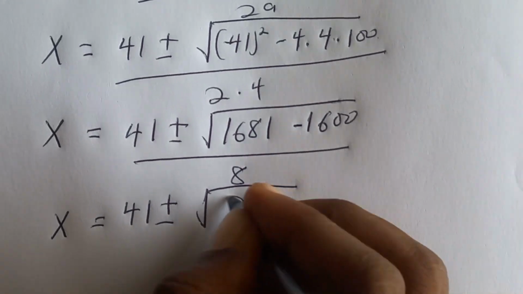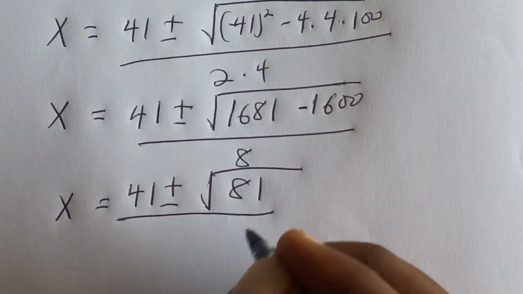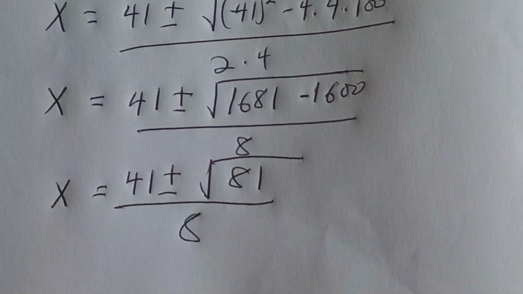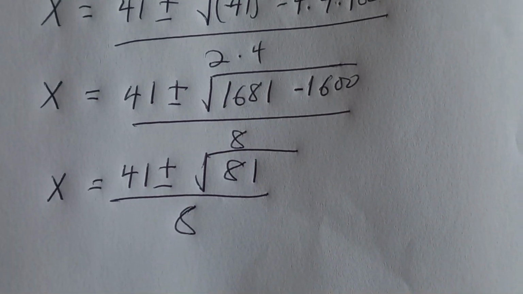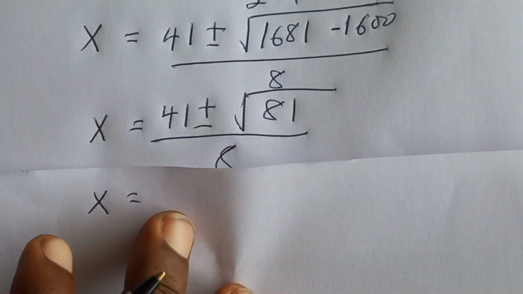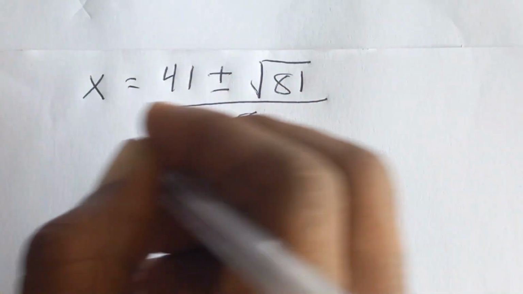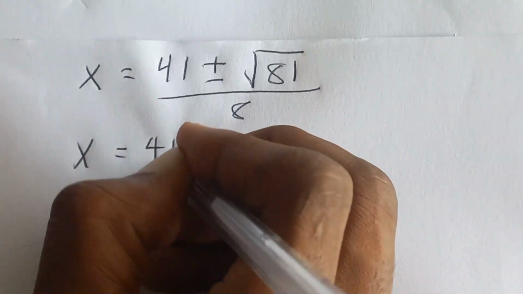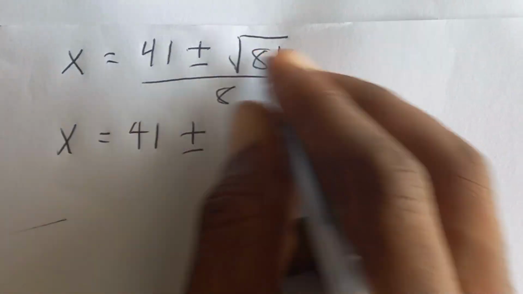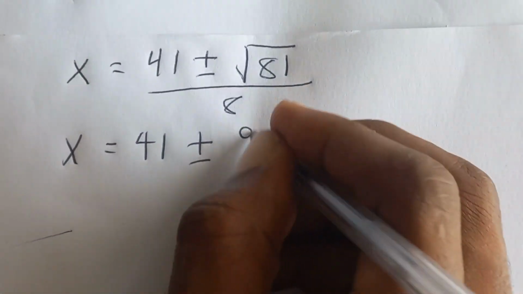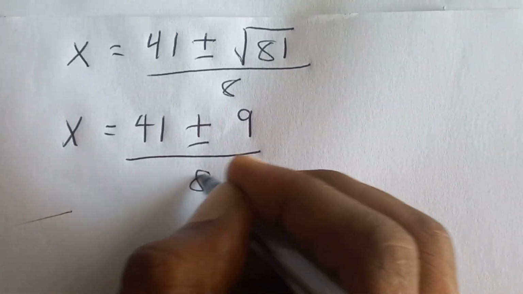Then square root of 81 all over 8. Now let's continue from here. 41 plus or minus square root of 81 over 8. So our x is equal to 41 plus or minus square root of 81 is 9. So that's 9 here over 8.